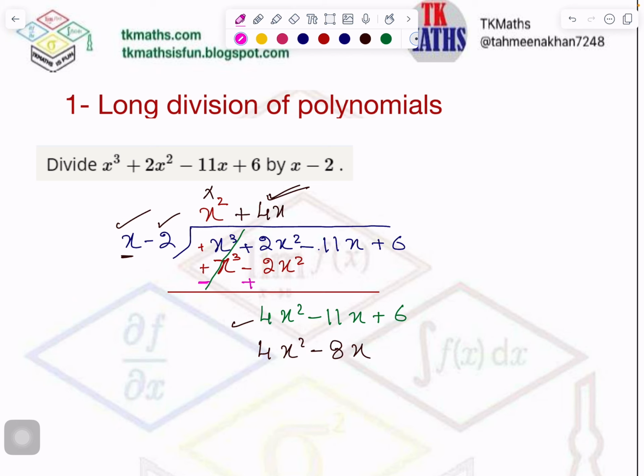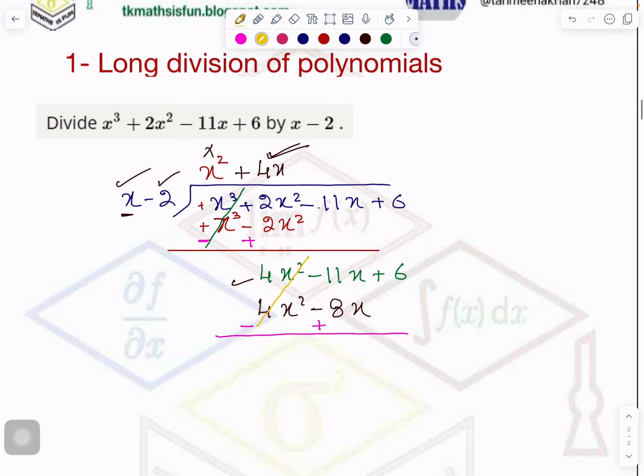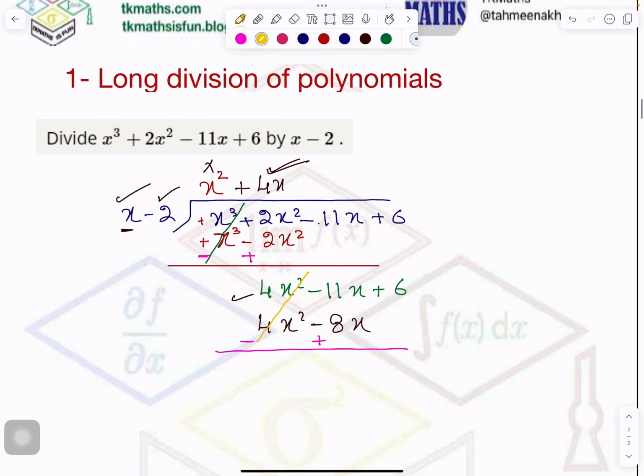Now again I will subtract it, so the signs of the second polynomial will change: plus will become minus, minus will become plus. Now this will cancel out, because plus 4x squared minus 4x squared. And then minus 11x plus 8x is minus 3x. And plus 6 will come as it is.